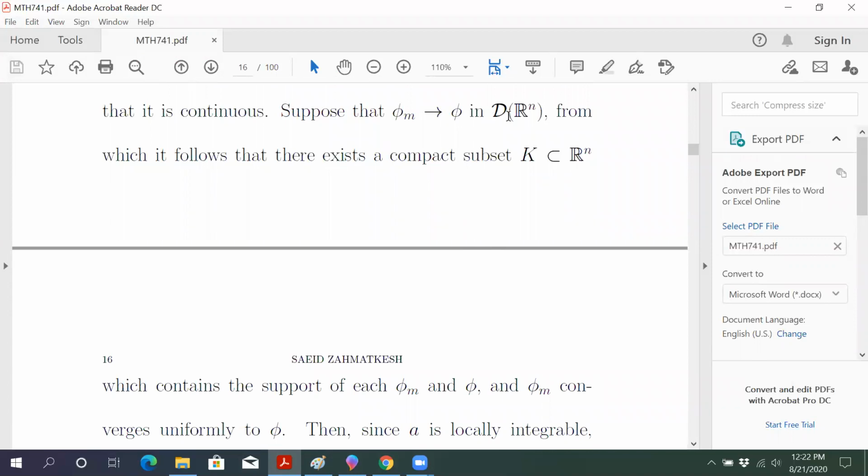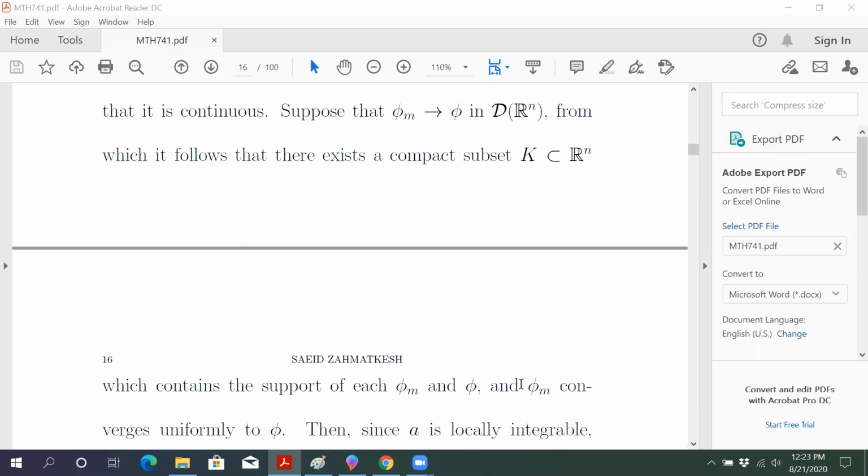So suppose that phi_m converges to phi in D(Rn), from which it follows that there exists a compact subset K of Rn which contains the support of each phi_m and phi, and of course each derivative of phi_m converges uniformly to the derivative of phi.